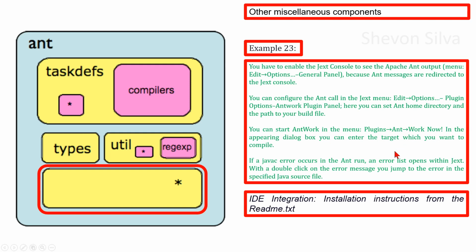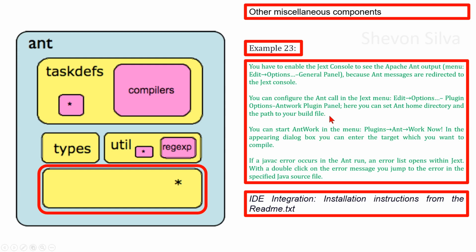Now we are considering installation instructions from the readme.txt in the Antwork plugin for the Jedit Java text editor, an IDE integration. You have to enable the console to see the Apache Ant output: menu, edit options, then general panel, because Ant messages are directed to the console. You can configure the Ant call in the menu, edit options, then plugins options, then Antwork plugin panel.